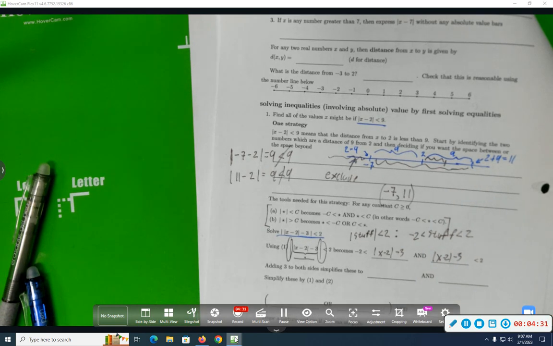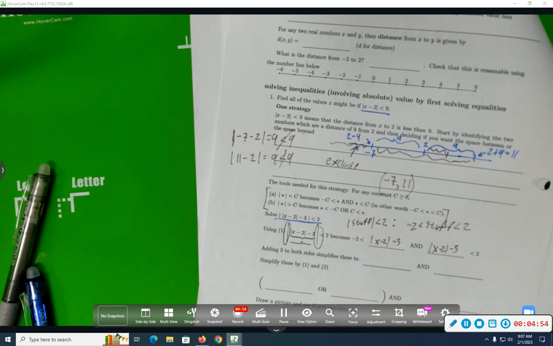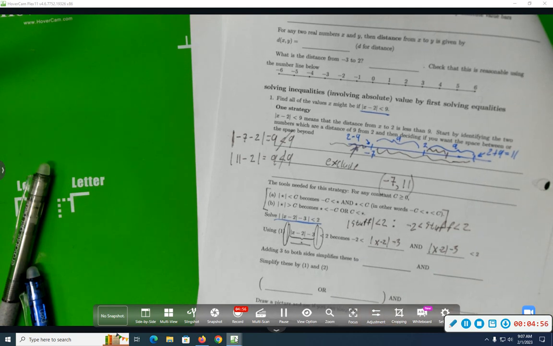So we've taken the inequality we started with and replaced it with two different inequalities. Both of those look simpler than the one we had before. Let's try to solve each of them. Let's take these two inequalities and simplify them a little bit. What would you want to do?